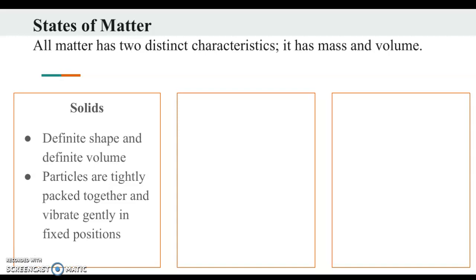And make sure you also realize that this means particles always have motion. If something has a temperature, then particles are having motion. The only exception is if particles reach the temperature 0 Kelvin, which doesn't exist on Earth. At that point, particles have no motion. But that is a rare exception and has not been reached before.